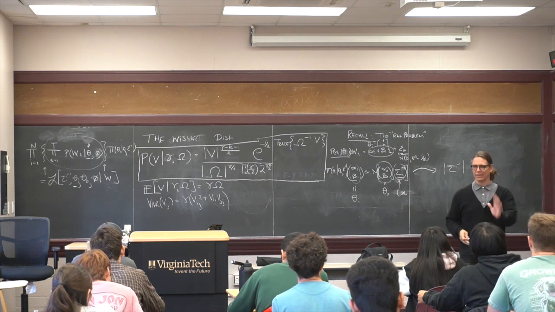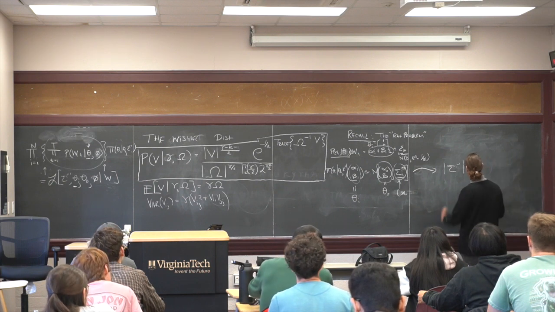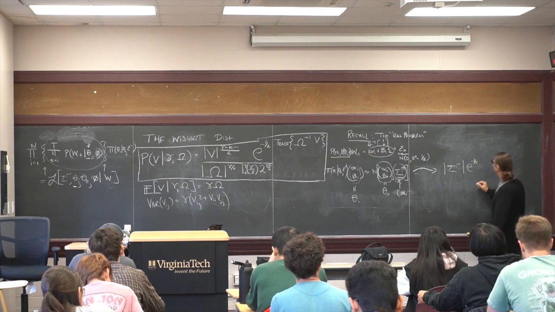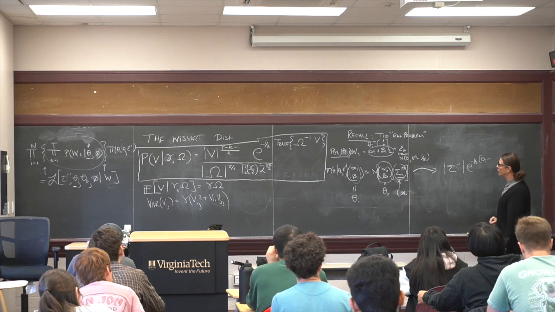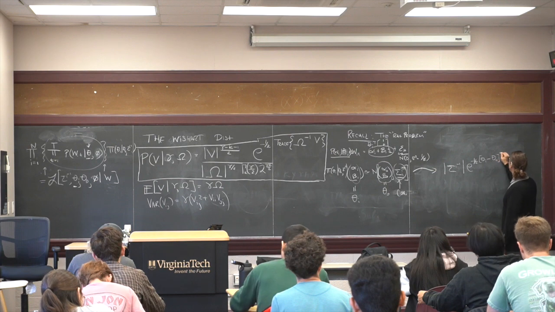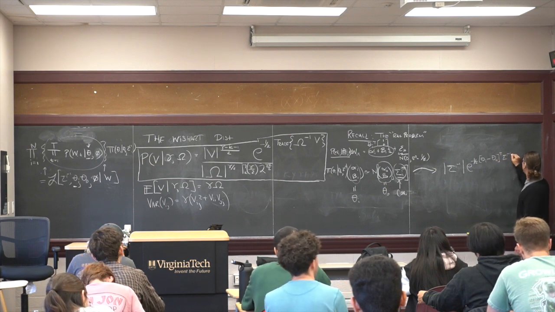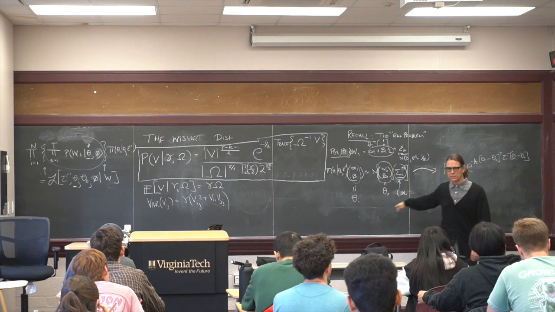Determinant and absolute value simultaneously. This is positive right here. E to the minus 1/2 times theta I minus, I subtract off the mean of this thing, theta naught, transpose sigma inverse theta I minus theta naught. So that's what that model looks like.